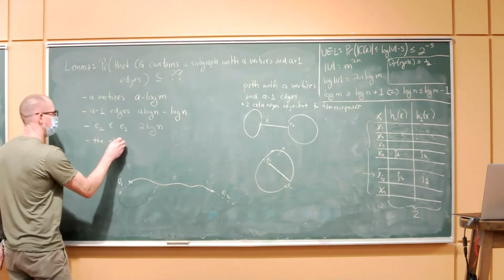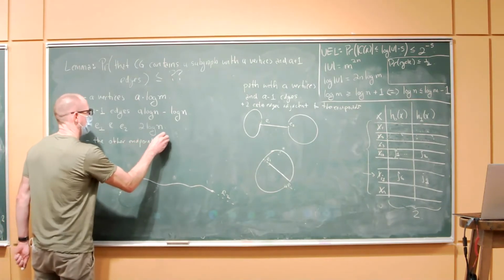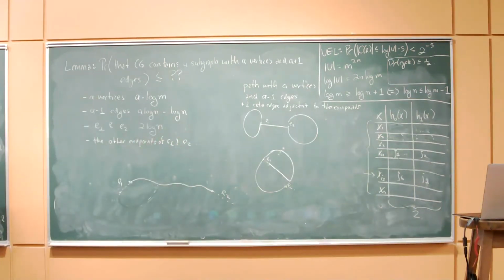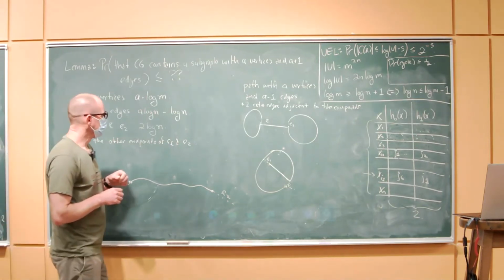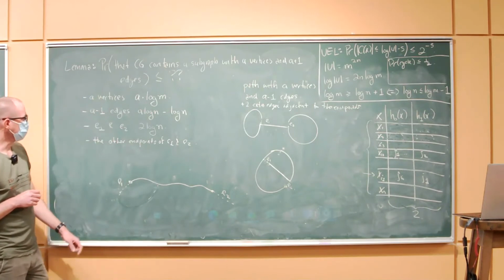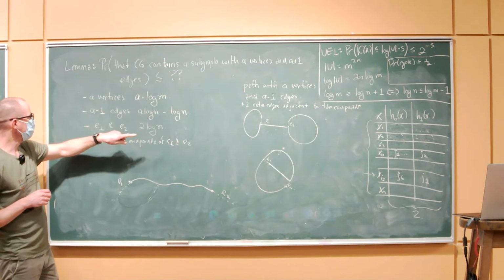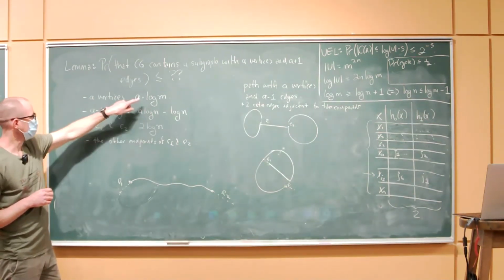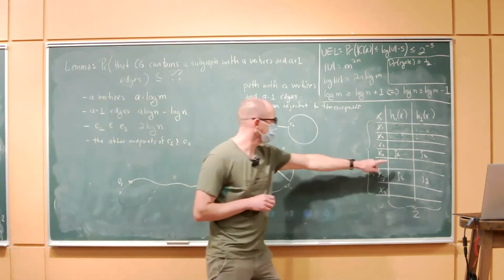So the other endpoints of E1 and E2. How many bits does that take? Well, normally that would be 2 log m, because those endpoints are integers between 1 and m.